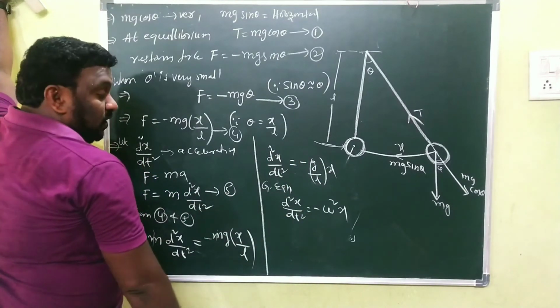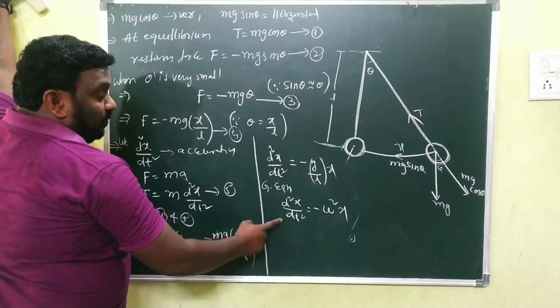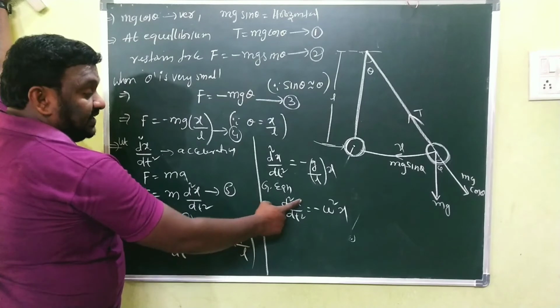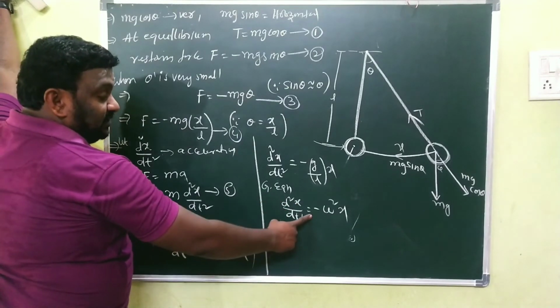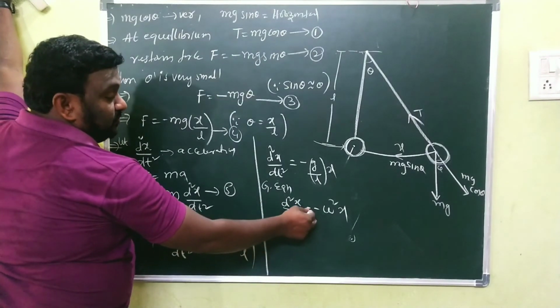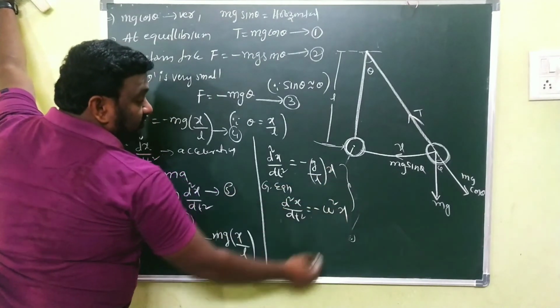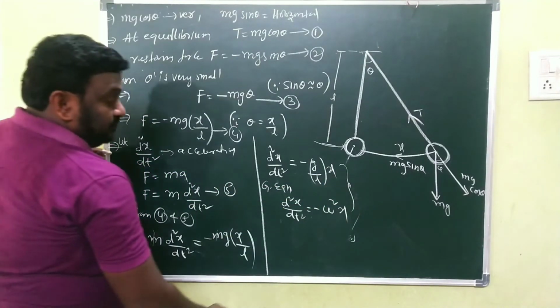Children, clear? After that, the general equation for simple harmonic motion is d square x by dt square is equal to minus omega square x. Now we have to compare these two. When we compare these two, what do we get, children?